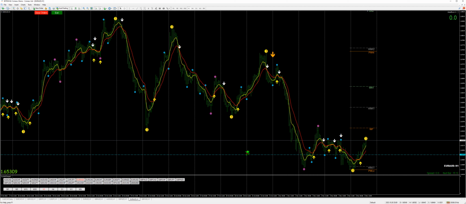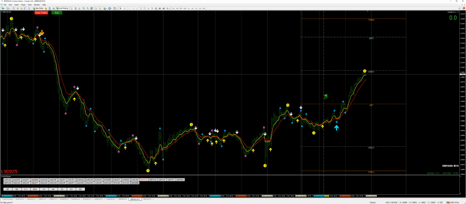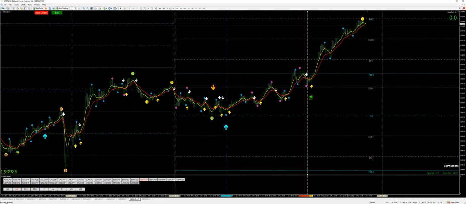Similarly, pound Aussie. Turnover over here. So next bar is here. 15-minute. That's my entry. 5-minute, let's see. There is the entry right there. Stop loss.